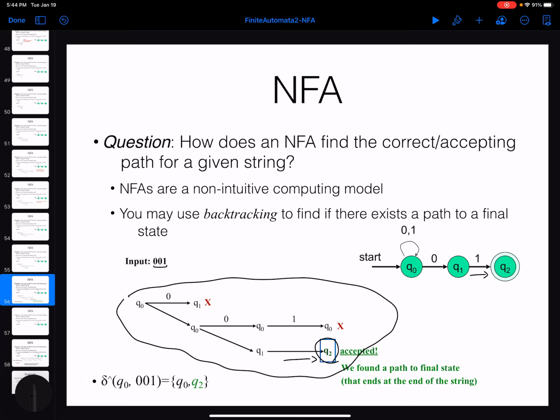If I had a DFA for the same language, for example, if I create a DFA for the same language here, that's going to be something like this. Q0 with 0 goes to Q1. Q1 with 1 goes to Q2.